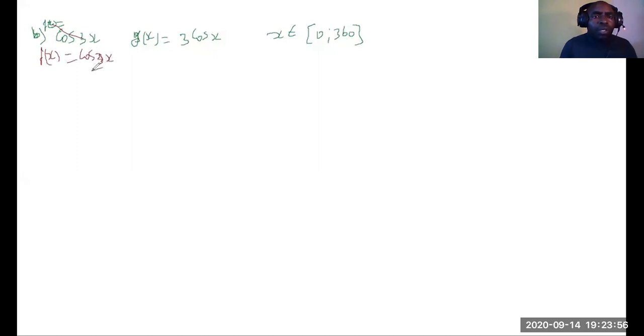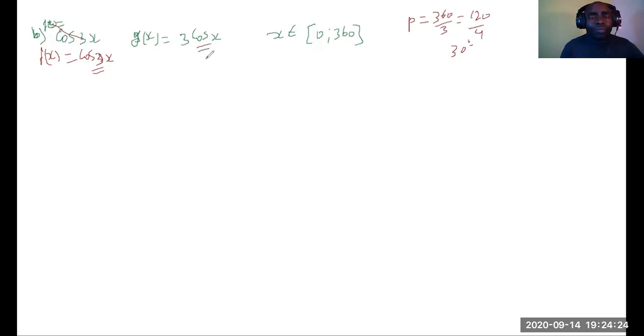Now here it means our period has been changed. So our period for this one will be 360 divided by 3, which will give us 120. If we divide this by 4 to get critical values, we have got 30 degrees. So we'll be going on the increase of 30 degrees. But for this one, the period has not changed. We'll be the increase of 90.